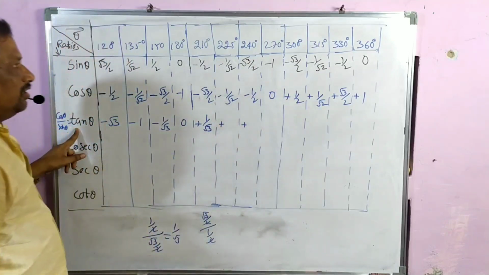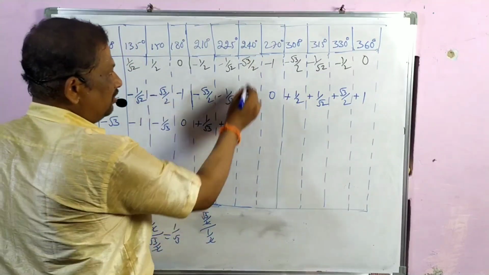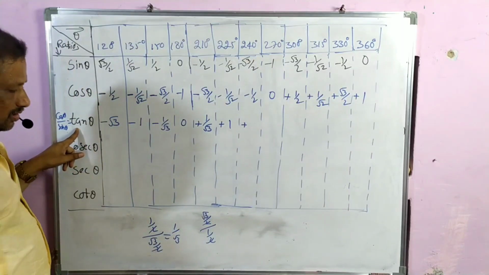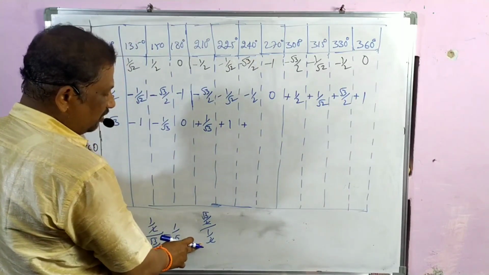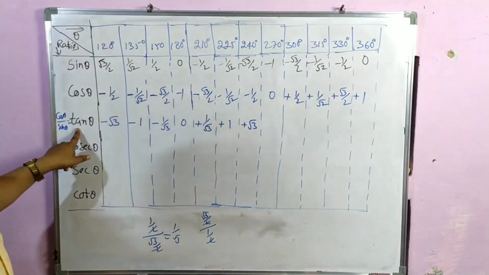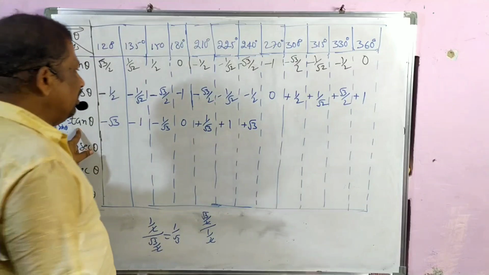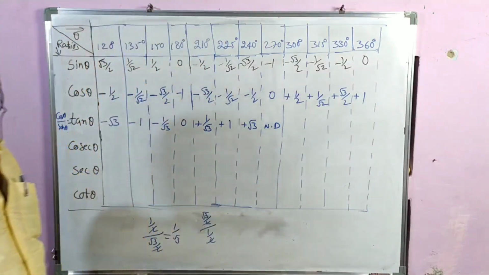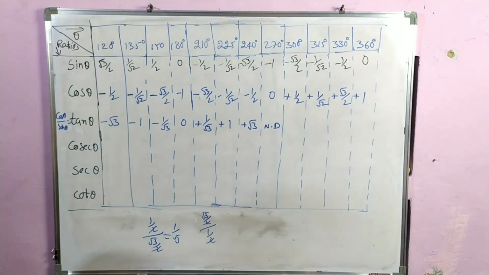Next, tan 45, 1. Tan 60 means sin 60 by cos 60, root 3. So 180 plus 90, tan 90 is not defined. Indeterminate form, not defined.